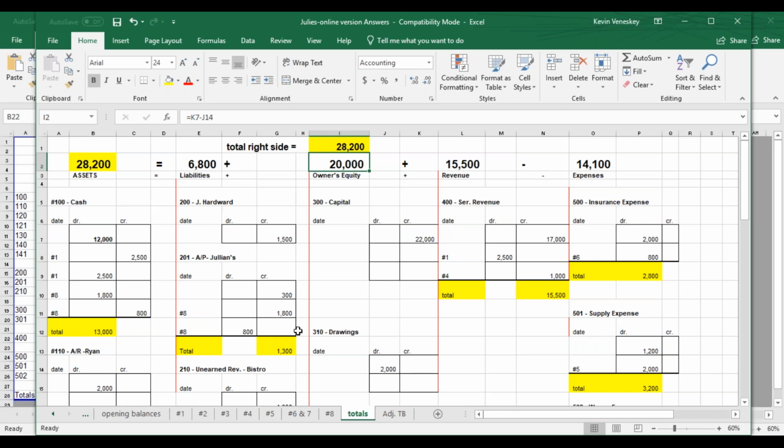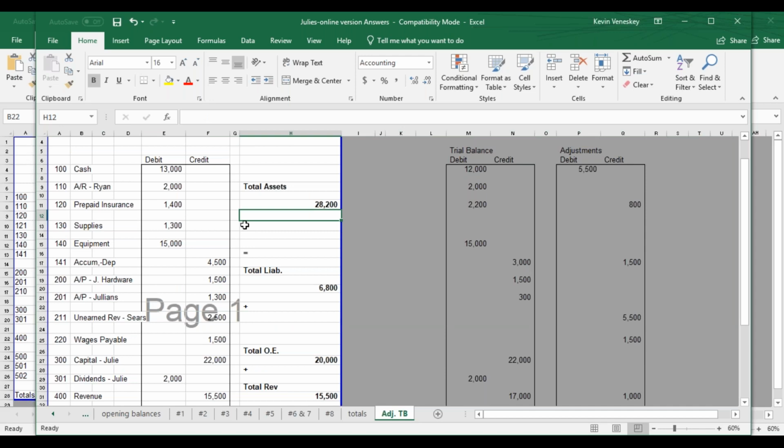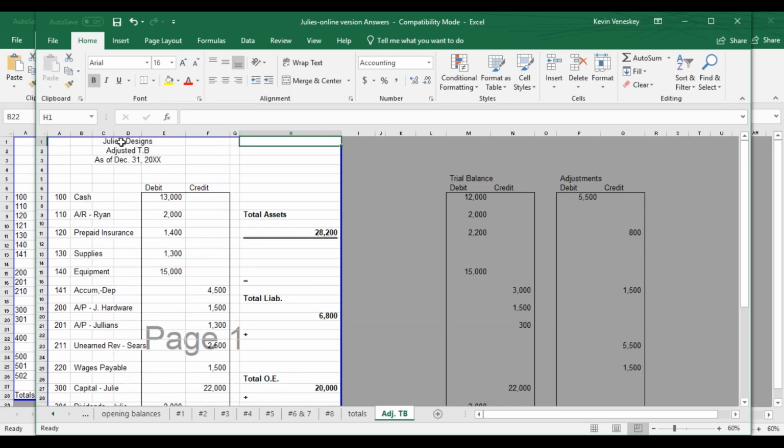So the final step then is making the adjusted trial balance. Hopefully you've done that, but if you haven't, pause. And then let's put all the accounts in order with their correct totals on the correct side, and then make sure our debits do equal our credits. Okay, so I got my appropriate title, company name, what it is I'm working on, the adjusted trial balance, because I've completed my adjusting entries.